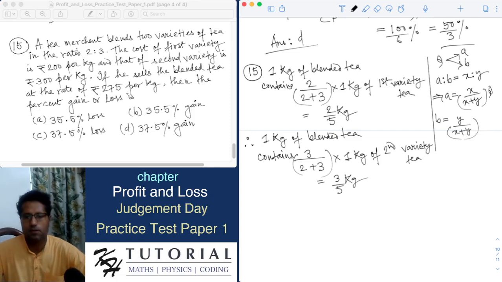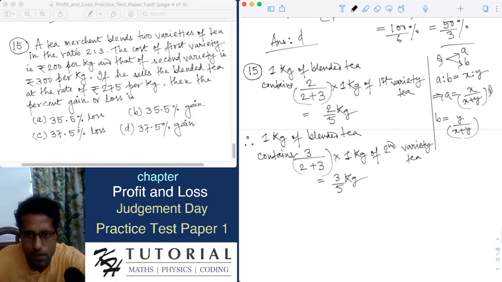So in 1 kg of the blended tea, there is 2 by 5 kg of the first variety of tea and 3 by 5 kg of second variety of tea.